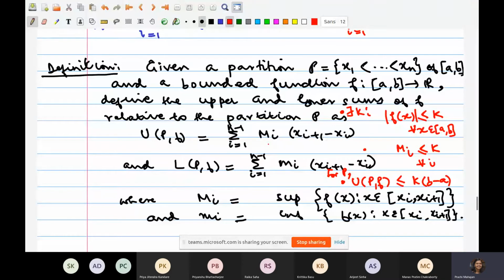What remains is the sum of these subintervals, which is nothing but the length of the interval [a, b]. Correct?